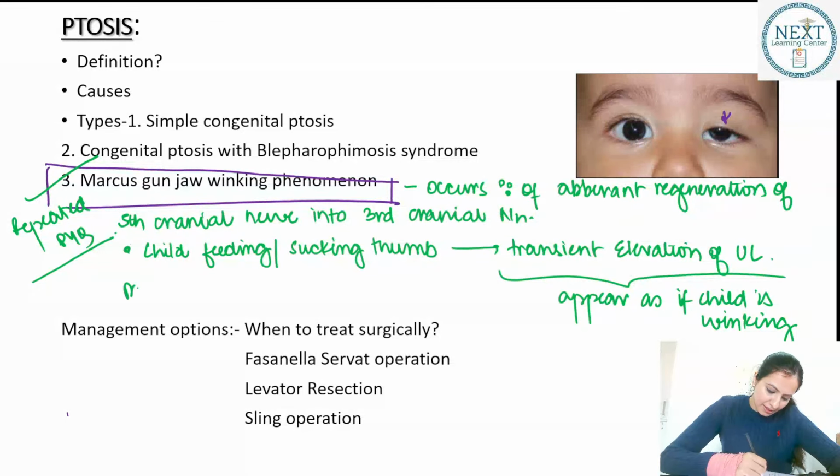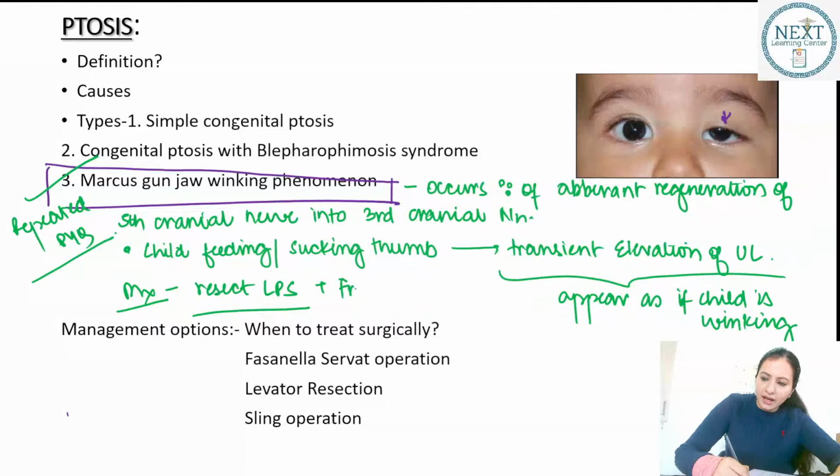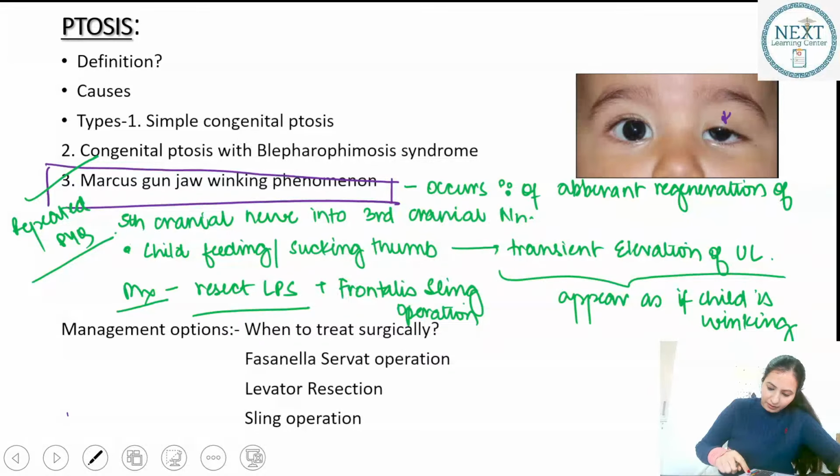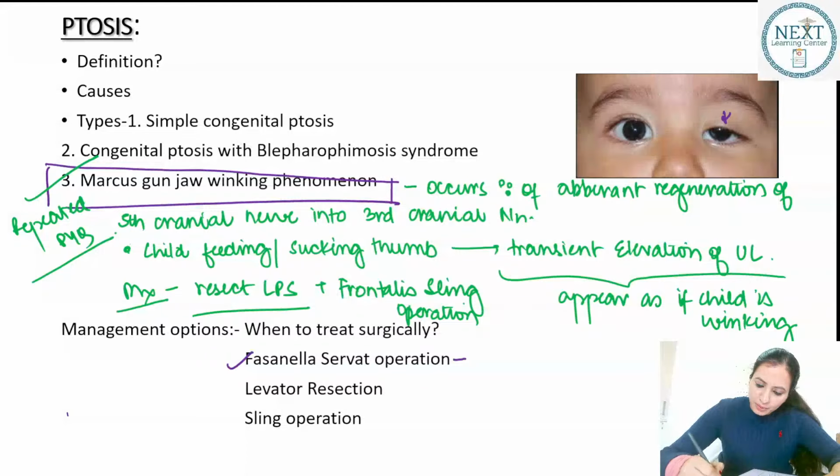Management of this is you have to resect the levator palpebrae, remove the levator palpebrae, and along with that go for a frontalis sling operation. What are the other options available for ptosis surgery? We can go for the Fasanella-Servat operation. This is done when the ptosis is mild.